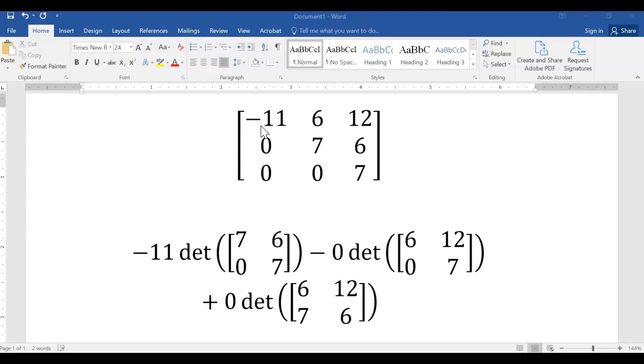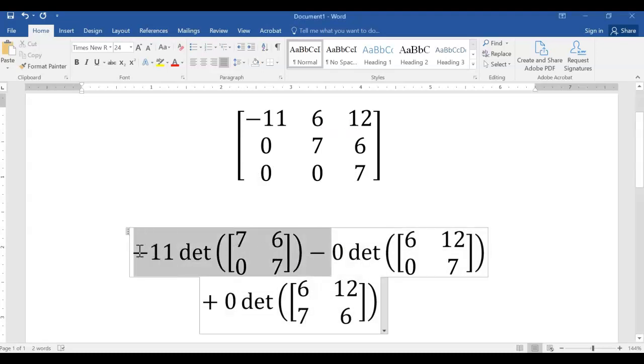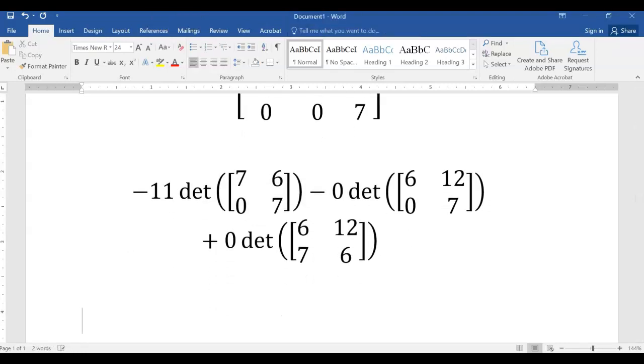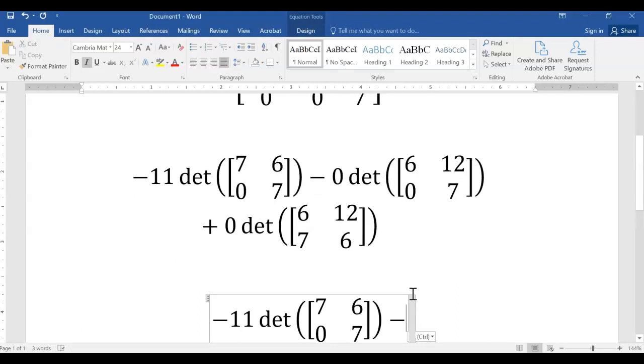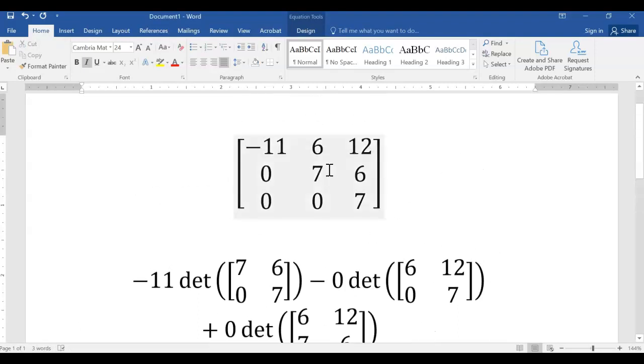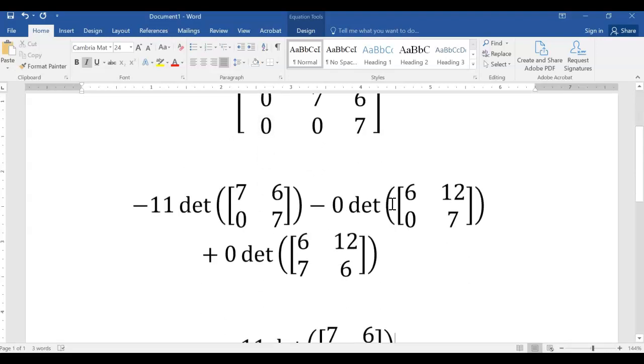Notice I had a plus negative 11, so I kept it as negative 11 there. Times the determinant of its submatrix, that's not going to matter a whole lot. And then this other 0 times the determinant of its submatrix, that's not going to matter a whole lot. So basically all you're going to wind up getting is negative 11 times the determinant of this submatrix here, 7, 6, 0, 7.